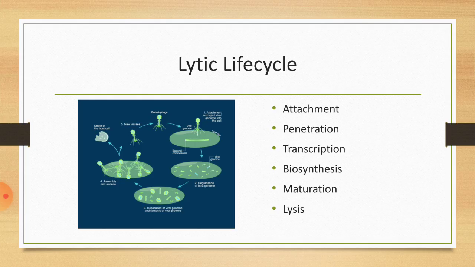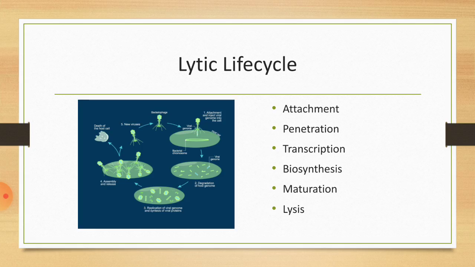After proper attachment is done, the bacteriophage or virus secretes an enzyme called lysozyme. This enzyme ruptures the bacterial cell wall at particular point and makes a way through which the bacteriophage or virus DNA material or genetic material enters into the bacterial cell. This is called penetration.